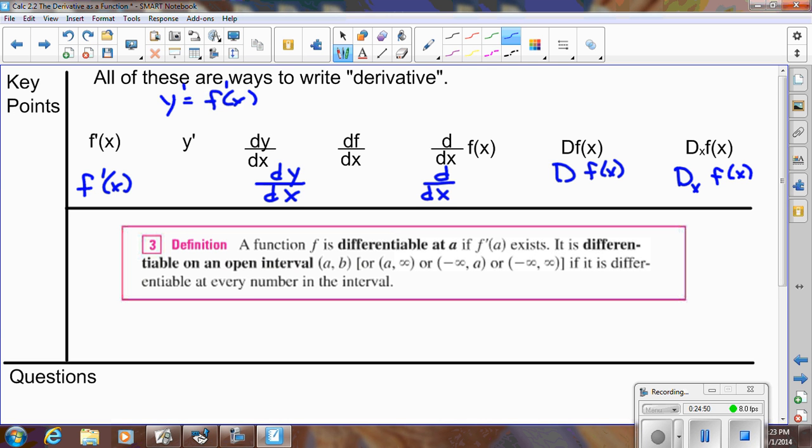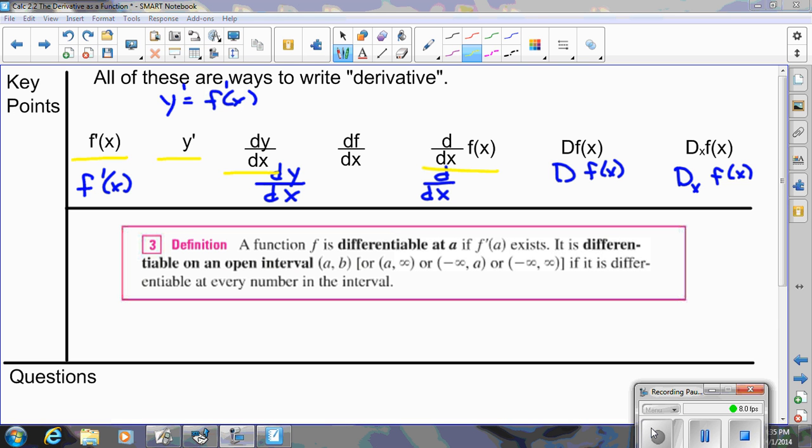I'm sorry to say that there are a lot of ways of writing derivative, and all of them get used. In part, it depends on the context of the problem. The most frequent ones that we will use are these four. That's not to say that we won't use the other ones, it's just these will be the most frequent ones we use.